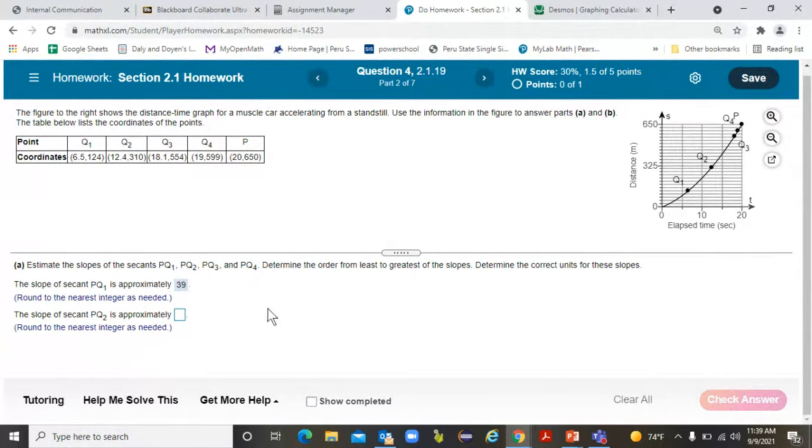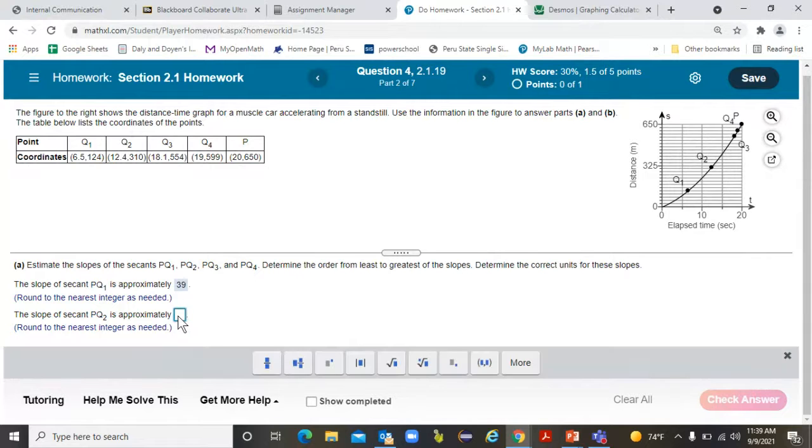I don't really want to. I wish we could just run over to part B. Okay, so the secant line from P to Q2, I'm just going to do this all in my calculator. It's going to be 650 minus 310, since Q2 was at 310, divided by 20 minus 12.4 seconds.